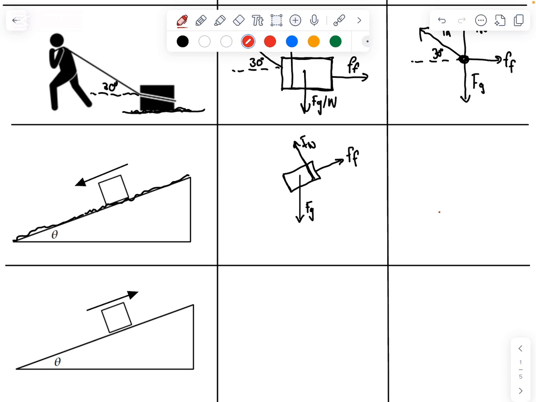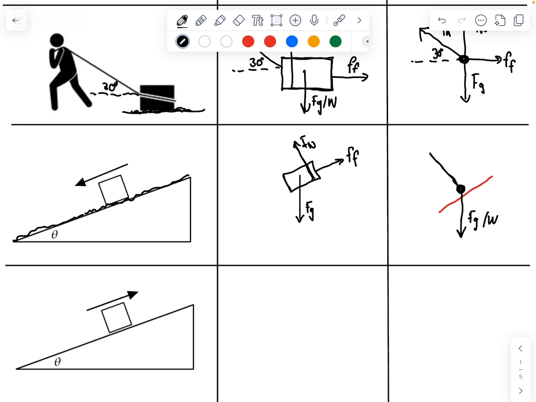Again, I'm going to sketch the surface at an angle, and then I'm going to sketch my dot. Remember, whenever you draw a free body diagram, you represent the object as a dot. Then, what are the forces that are acting on the object? We have weight. This is our weight, Fg, or you can say W. Then we have normal force, which acts perpendicular to the surface.